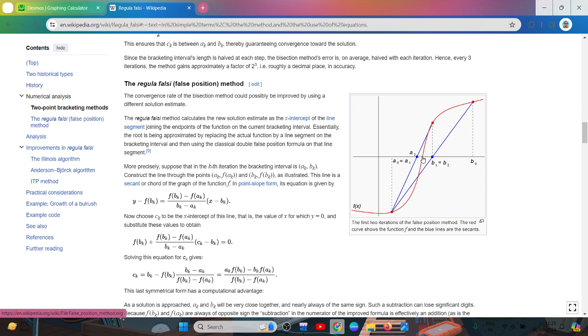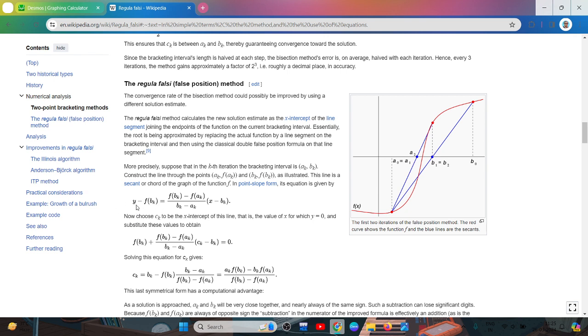Now the equation of the chord joining the points a0 comma f a0 and b0 comma f b0 is y minus f b0 equal to f b0 minus f a0 by b0 minus a0 into x minus b0.